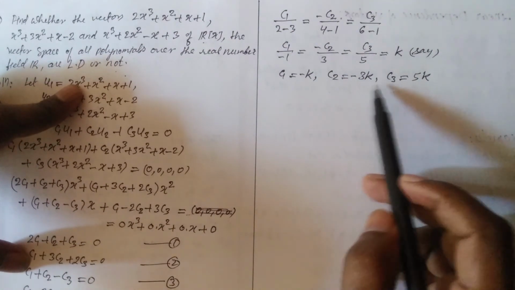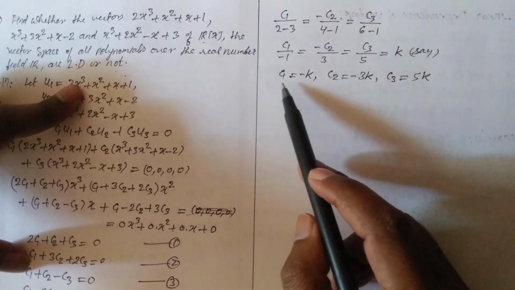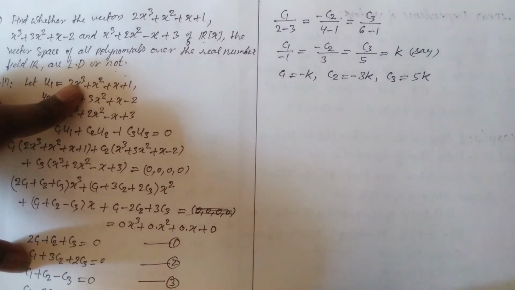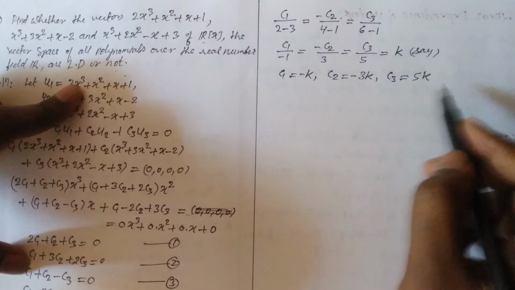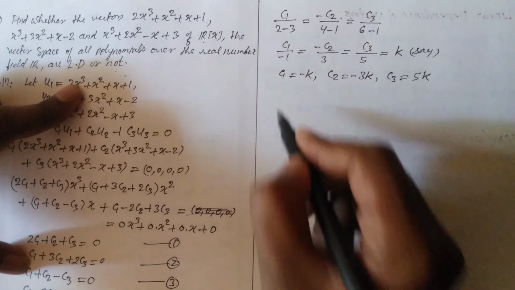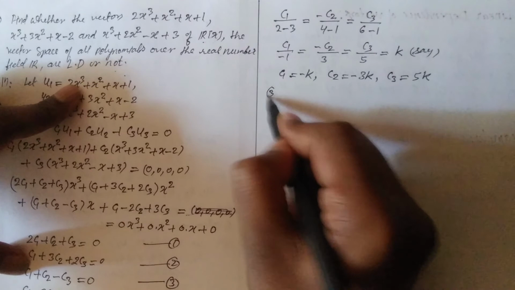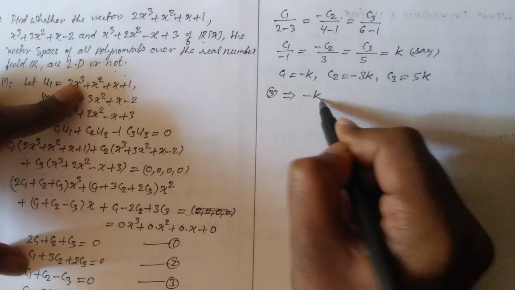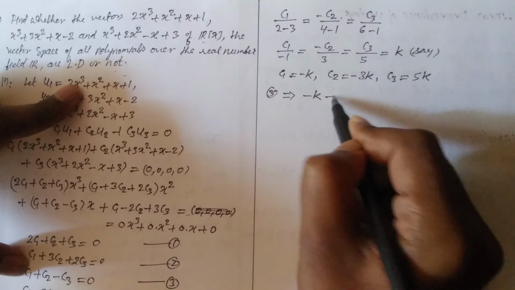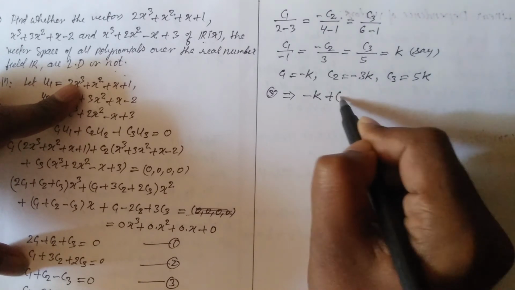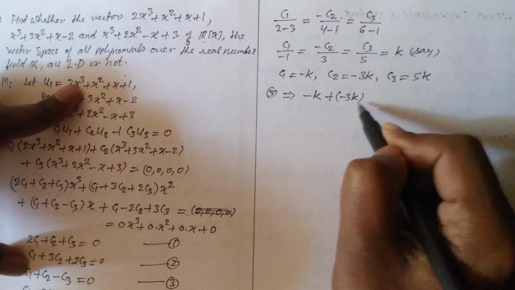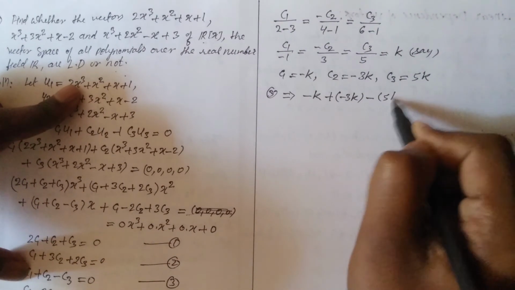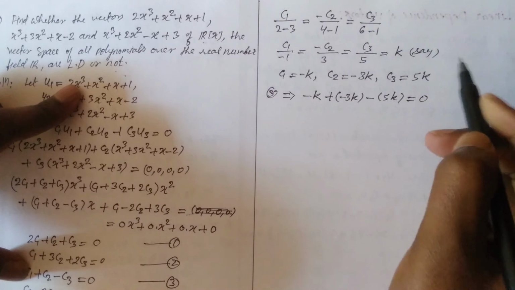Now substituting these values of scalar c1, c2 and c3 in any of the equation 3 or 4. So let's put this value in equation number 3. So equation number 3 implies c1 is minus k, and plus c2 is minus 3k, and minus c3 is 5k, and this equal to 0.